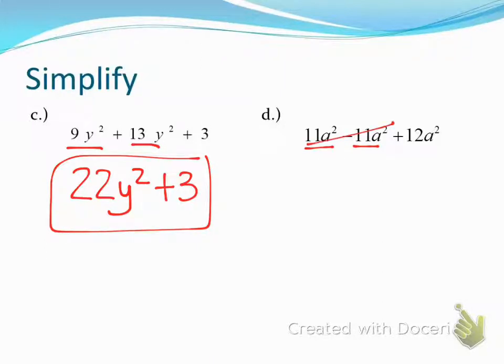They're just gone. They cancel each other out. So what do we have left? Just the 12a squared. So that's our answer. We couldn't combine all of them because they all have a squareds. But when we combine the first two pieces, they cancel each other out completely, make a 0. And 0 plus 12a squared is just 12a squared.